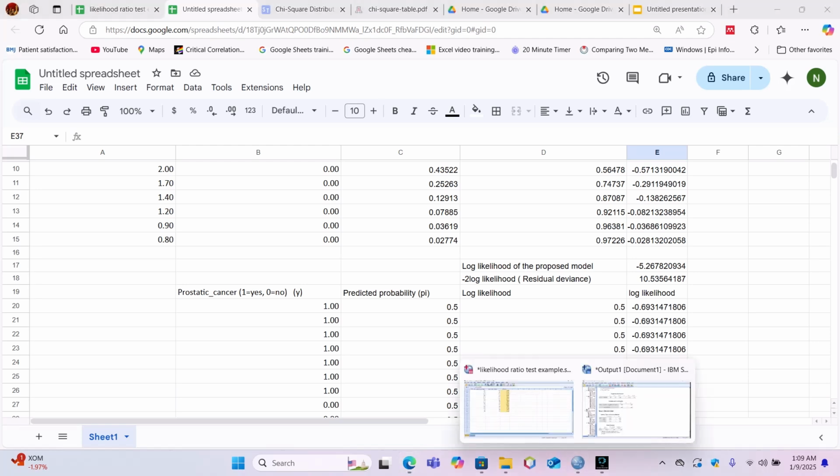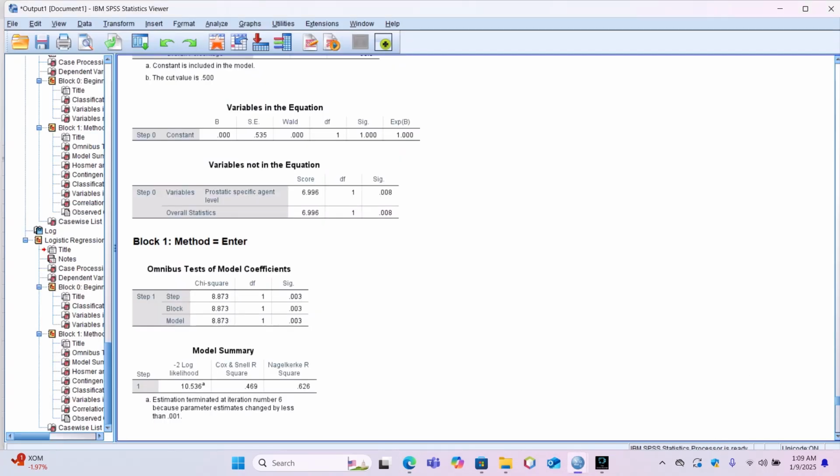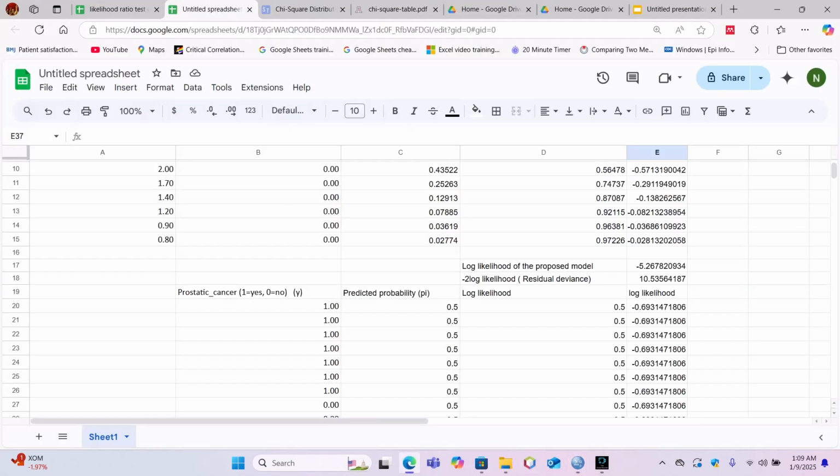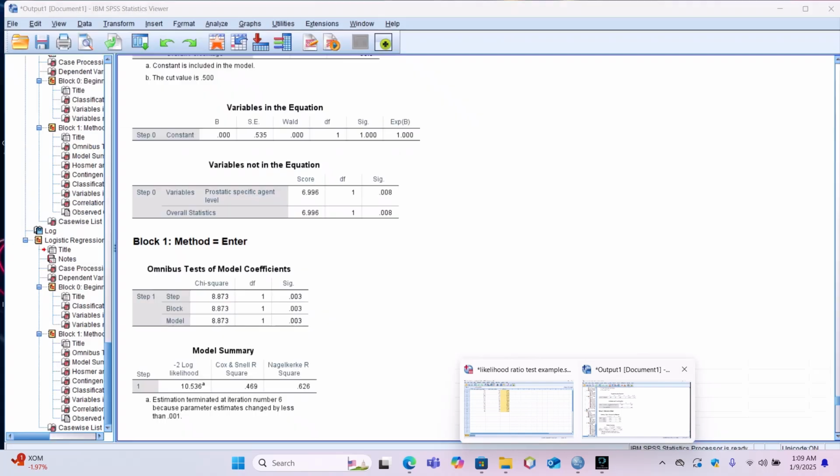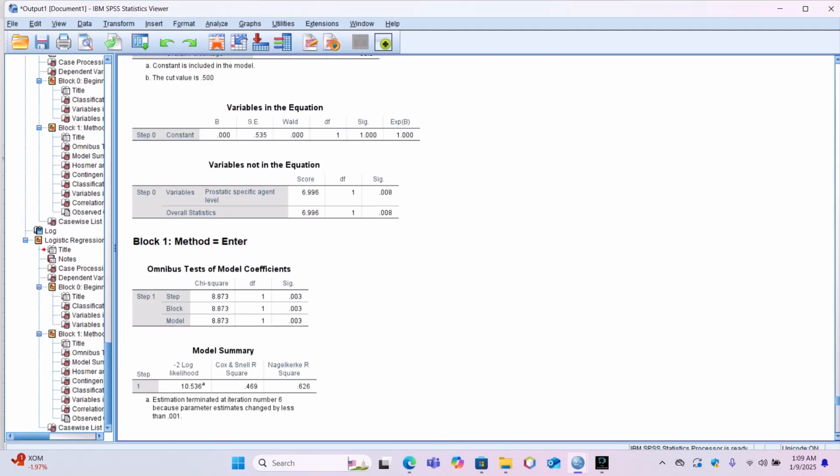And when we go into SPSS, we see a -2 log likelihood of 10.53, which is exactly similar to the -2 log likelihood computed, 10.53. So this signifies a significant model. So -2 log likelihood should be as low as possible, and it should be compared to the -2 log likelihood of the null model.